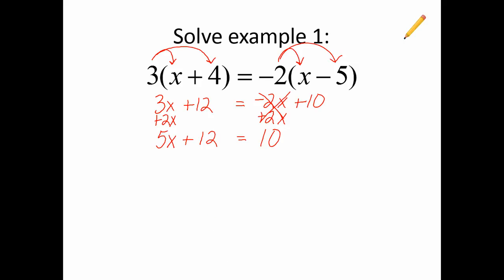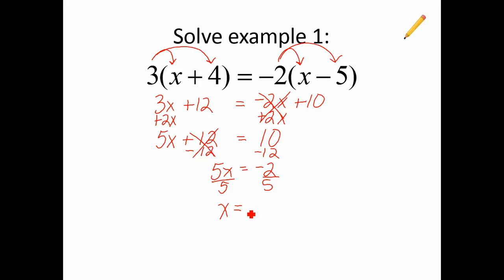So now if I'm trying to get the x alone, my x's are at least on one side together. Now I can get rid of this 12. I'll go ahead and subtract that 12. So I'd have negative 2 over here and 5x then on the left. Now I still have a 5 in front of my x. That's 5 times x. So to undo that, I will divide by 5.